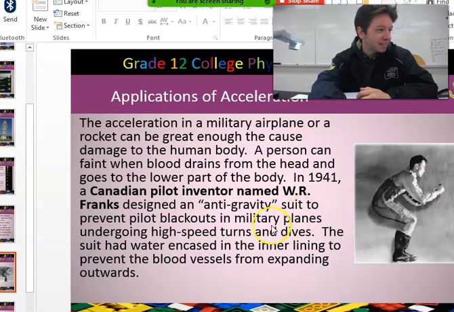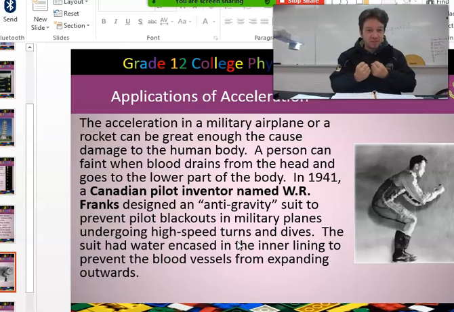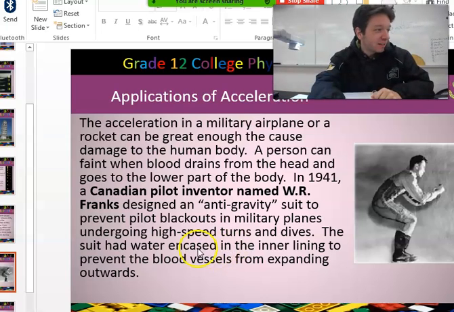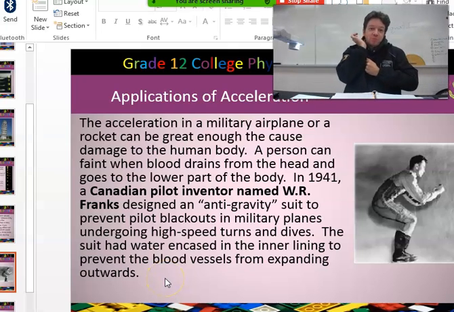And what it does is it basically pushes on all your blood vessels to prevent them from expanding outwards, so that it helps to keep that blood pushed up to your brain.